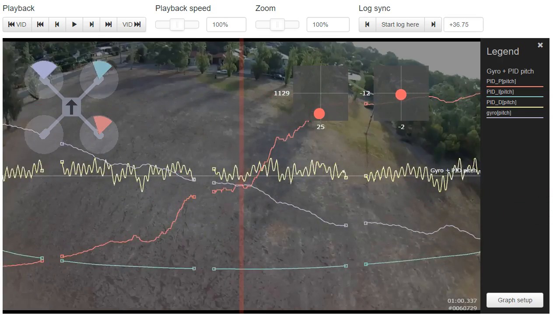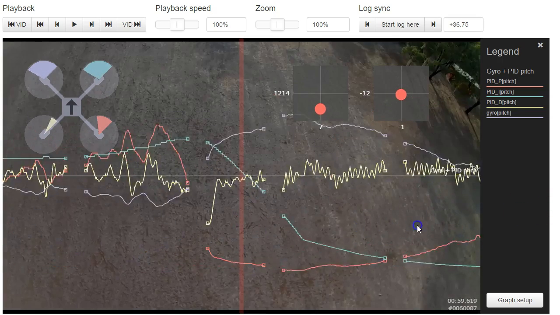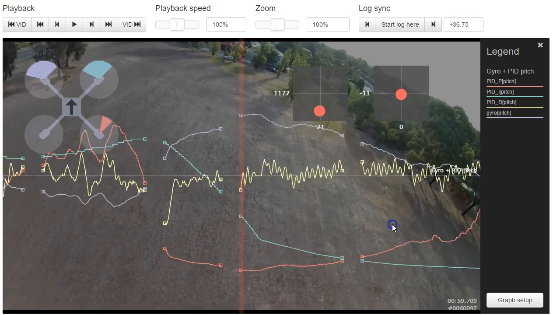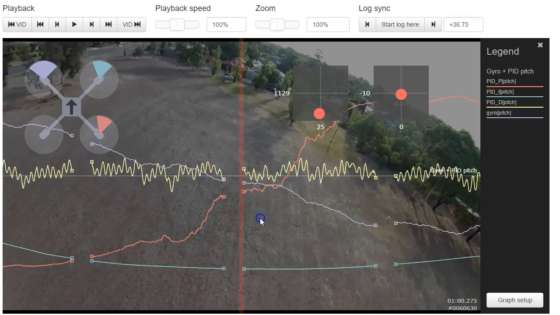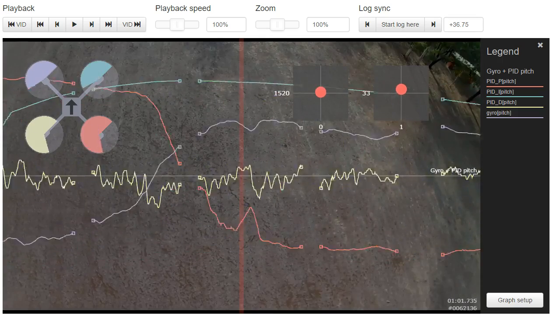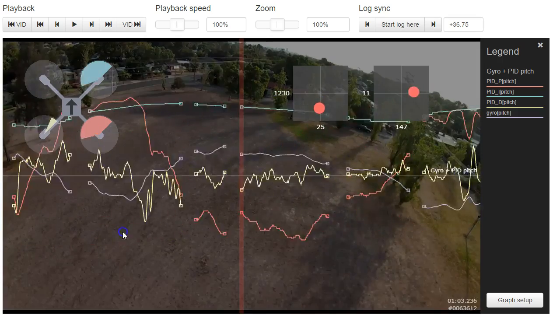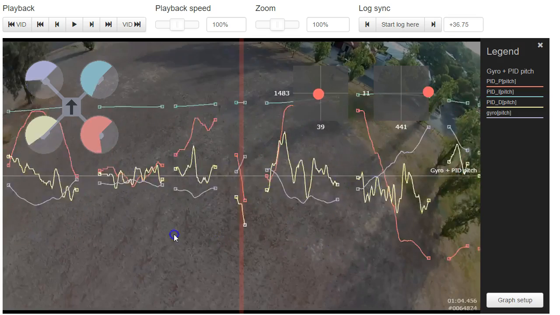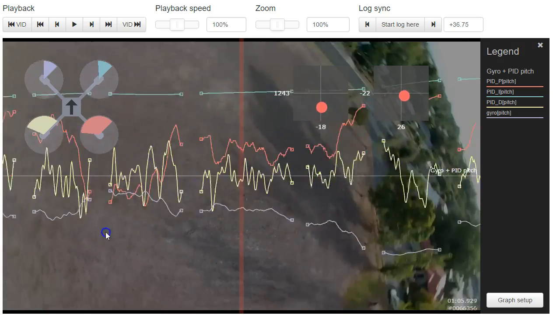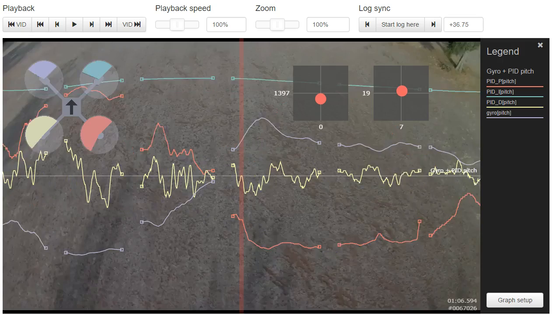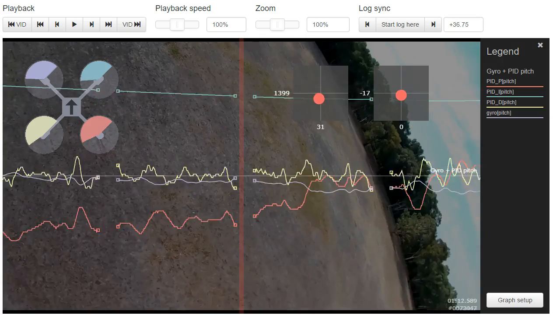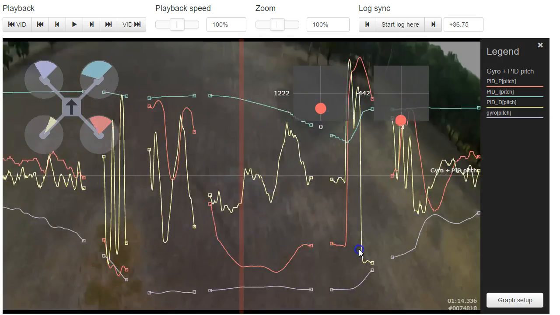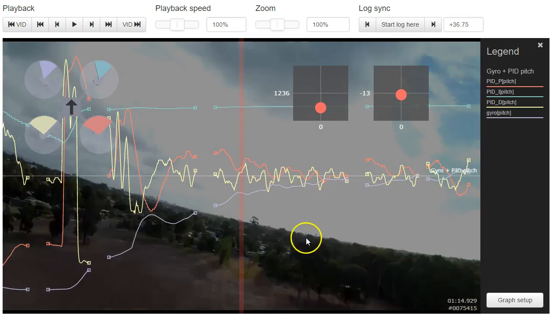Okay, so what should you do? The first thing to do is to make sure your P gain is as high as it needs to be. And I'm going to look through here and look for signs of bad P term behavior. And I don't see any. Well, that's a flip, we'll forget about that.